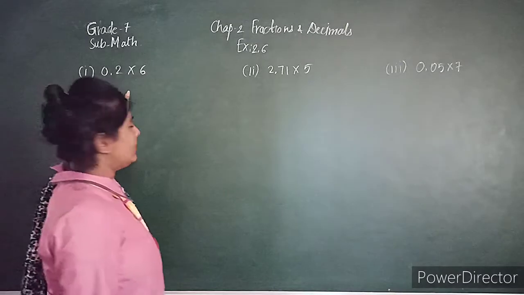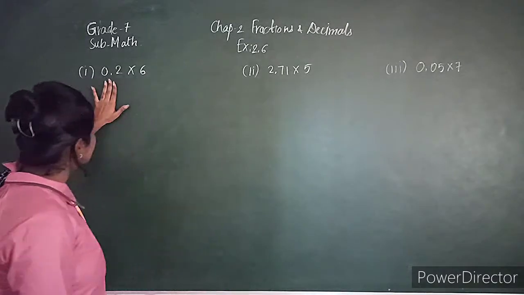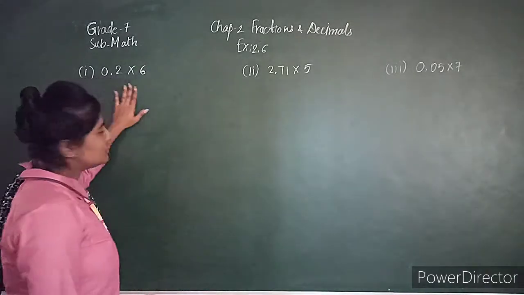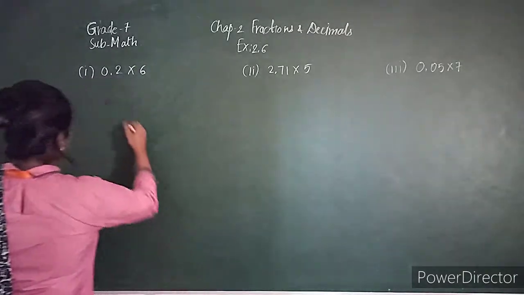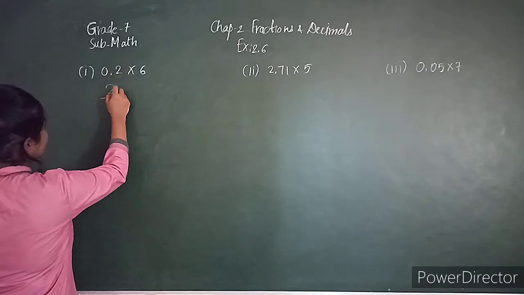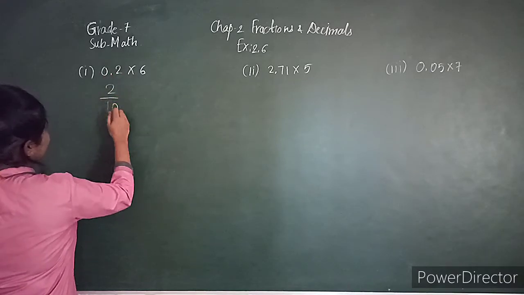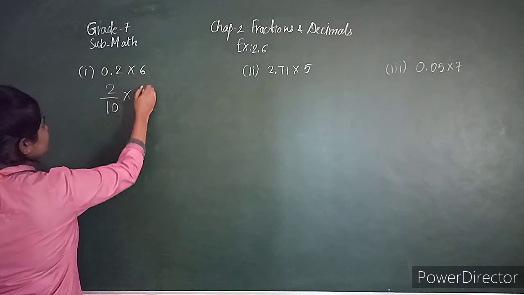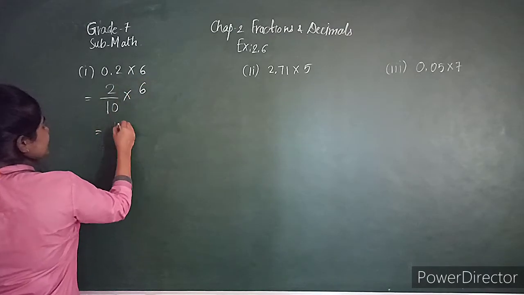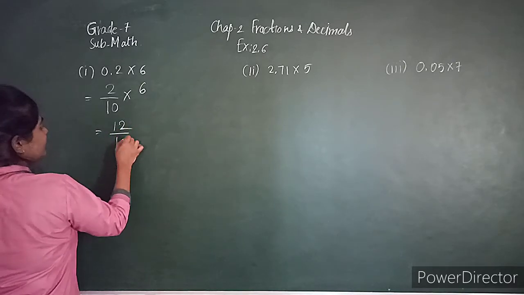From question number 1. First question, 0.2 into 6. We have to find 0.2 into 6. So here, if we remove this decimal point, we have to write 2 upon 10 into 6. Now 2 into 6, that is 12 upon 10.